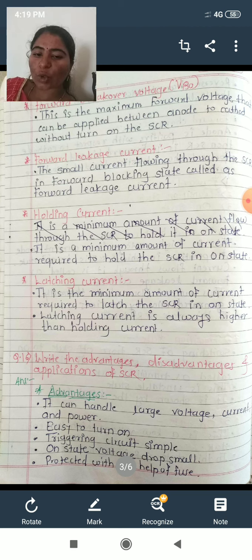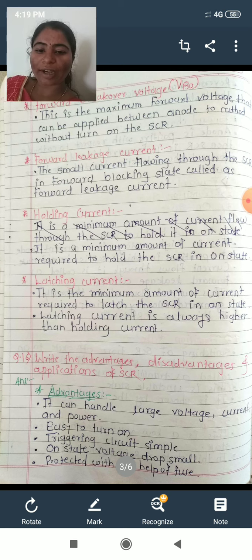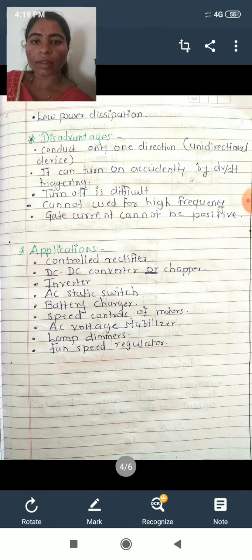Next is the on-state voltage drop is very small and it is protected with the help of a fuse, means no extra circuitry is needed to protect this circuit, only a fuse can protect the circuit. Next, its power dissipation is very low.